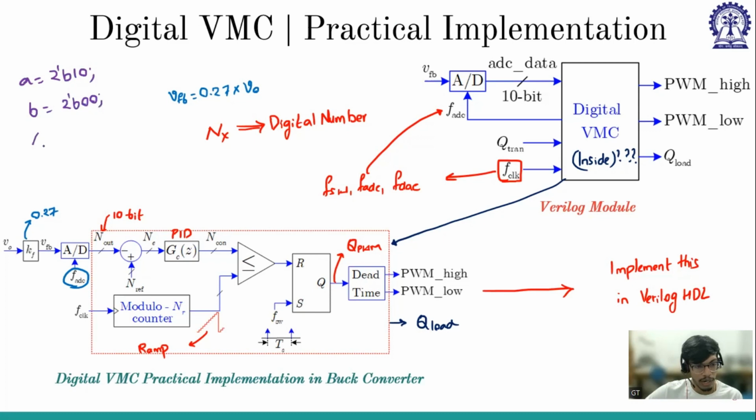Concatenation is when we concatenate two or more variables, say A comma B. This means it is 4-bit binary 1 0 0 0. If I am concatenating A with A, then it is 4-bit binary 1 0 1 0. So we are just concatenating A with A, and 1 0 will come next to 1 0.